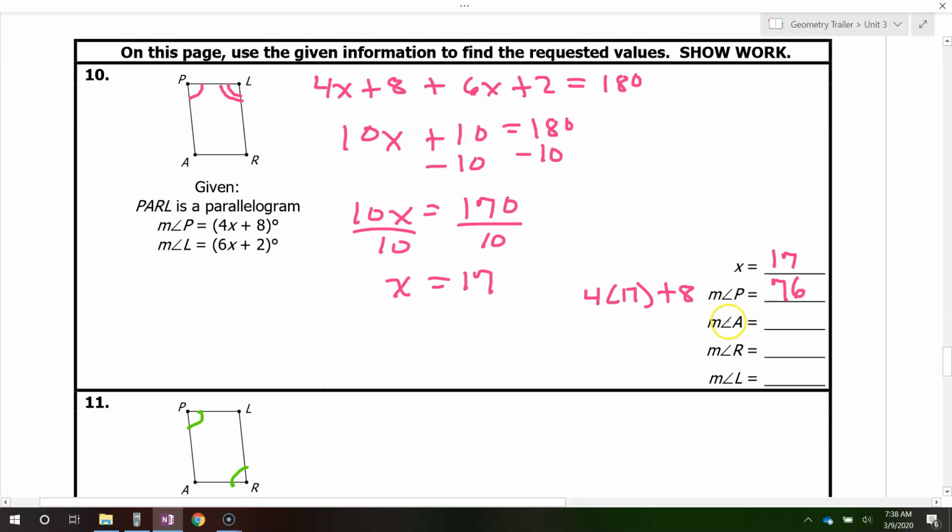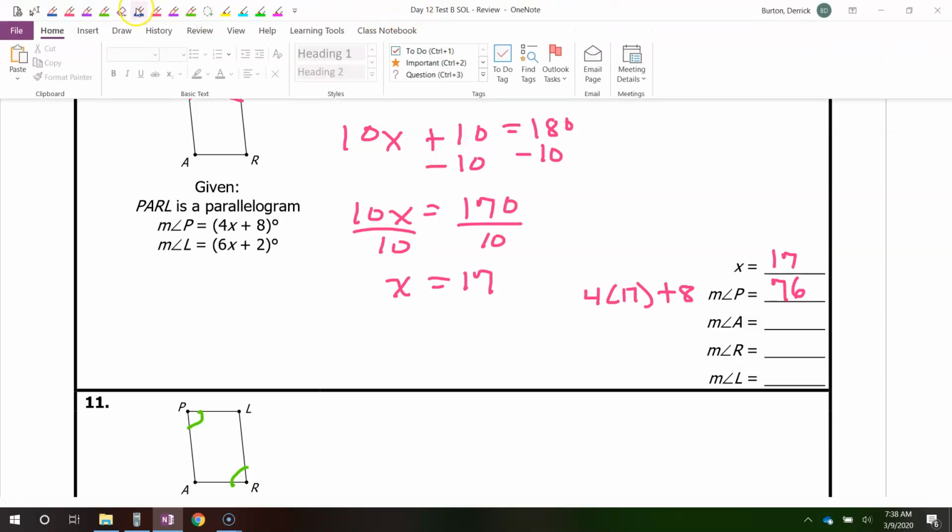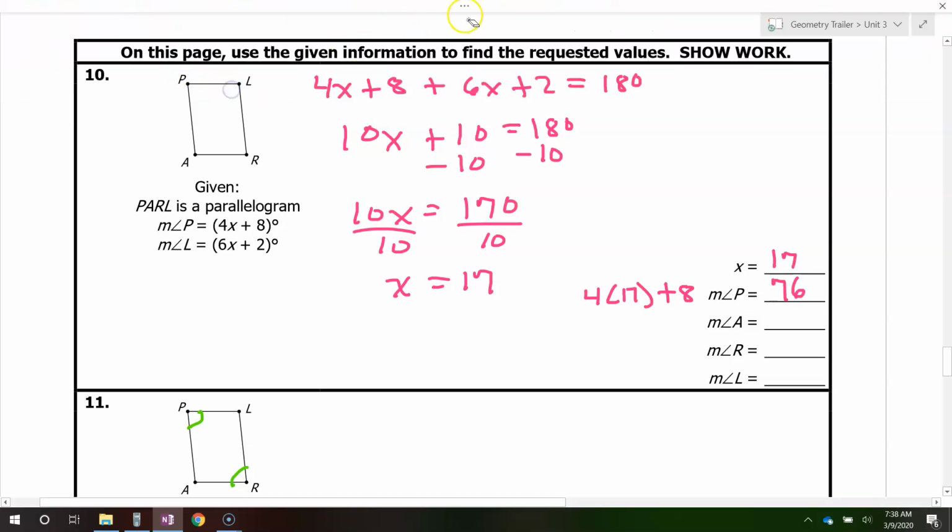All right. What about angle A? Well, I'm going to come back to that in a second. So right now we know that angle P is 76.